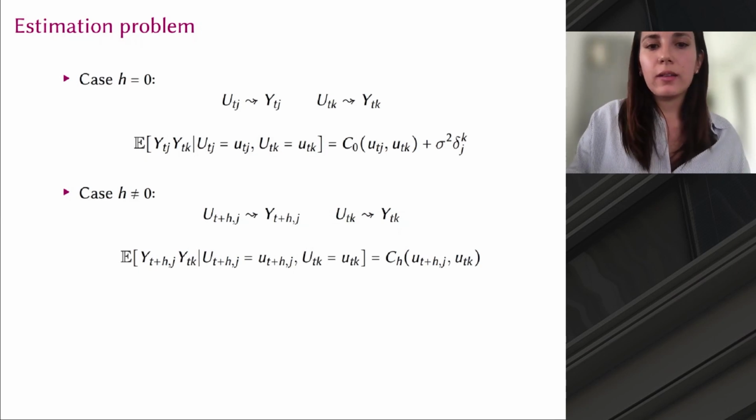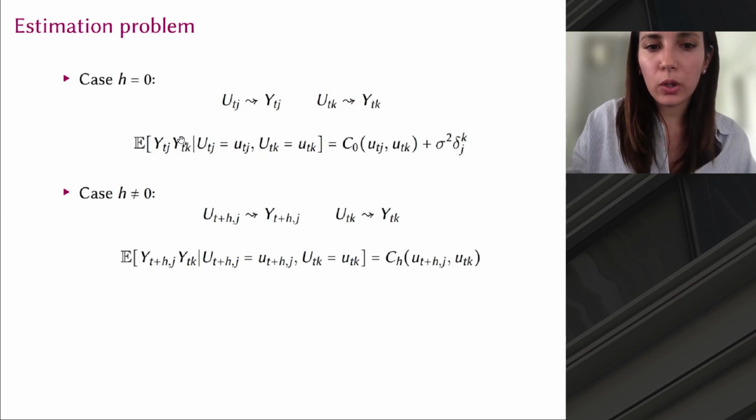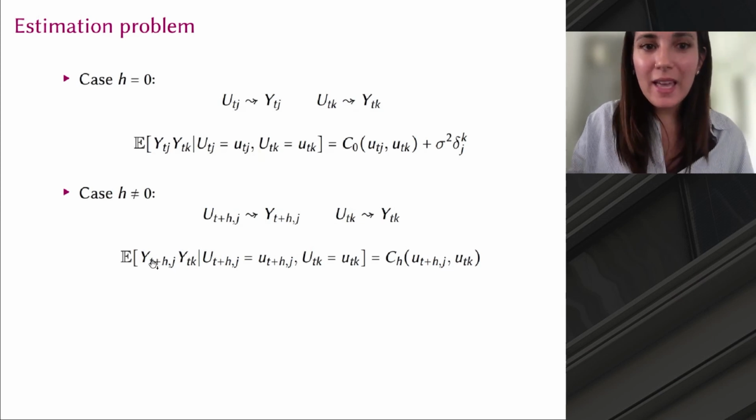So if our goal is, for instance, to estimate the lag h autocovariance function, whatever h is, then we can think of this product as an unbiased estimator of the autocovariance at lag h computed at those locations.